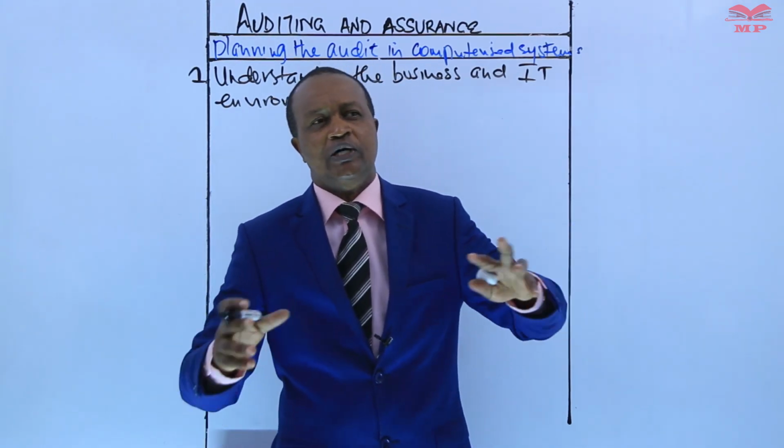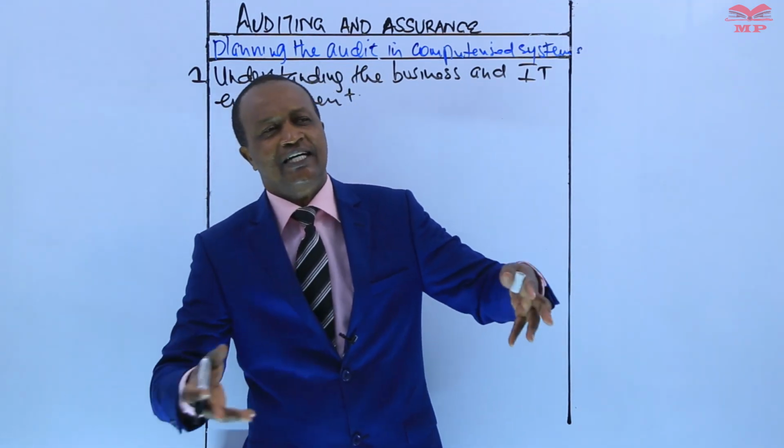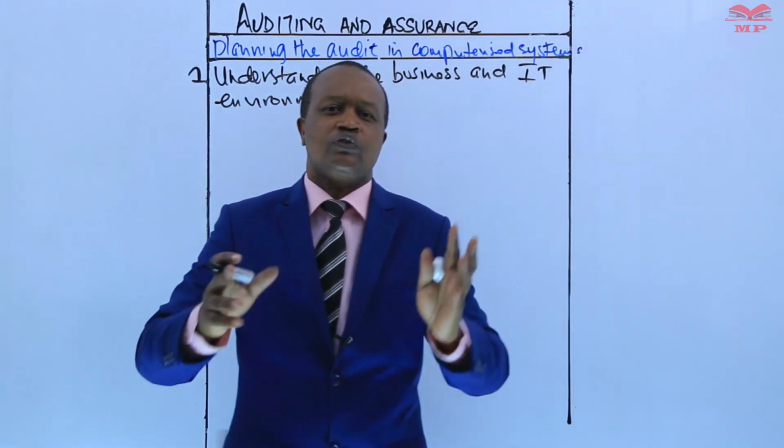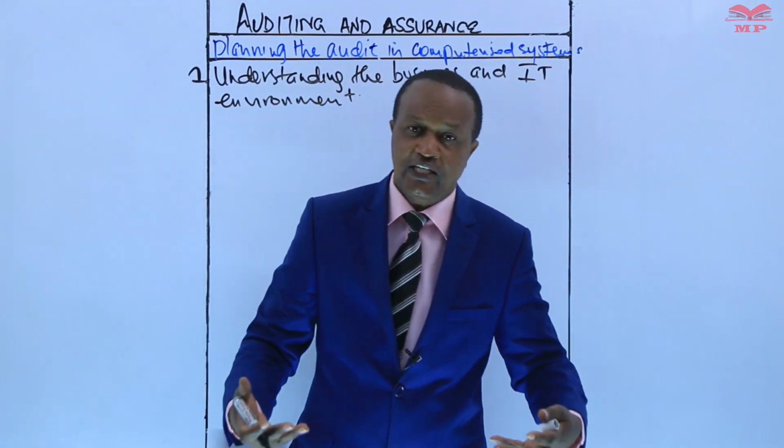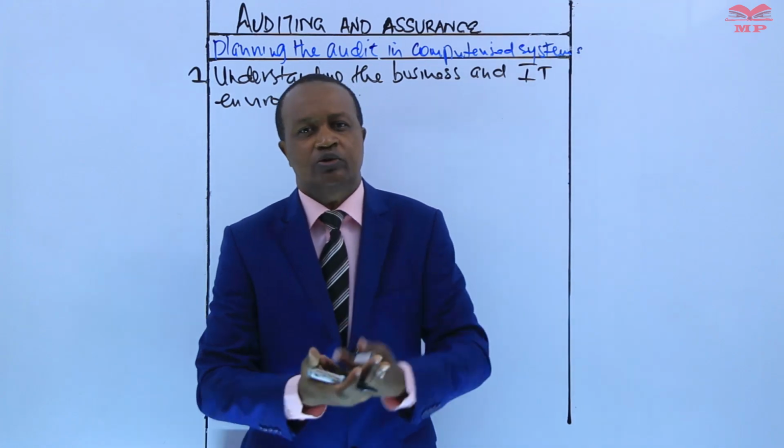Then you may also need to assess the information technology infrastructure. Understand the hardware, the software, the network configurations, understand the security measures that are put in place, and so on.